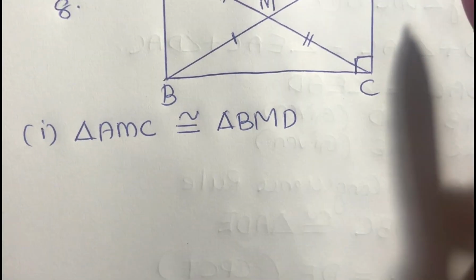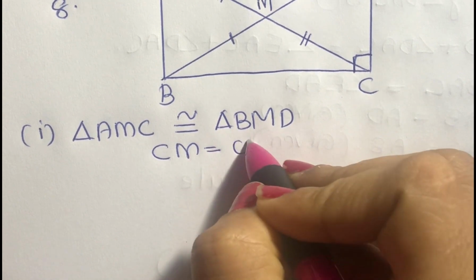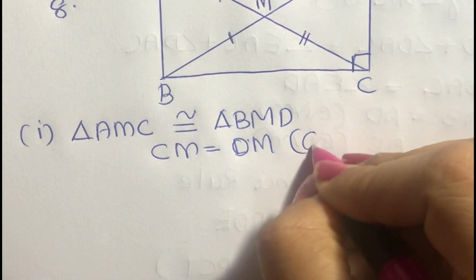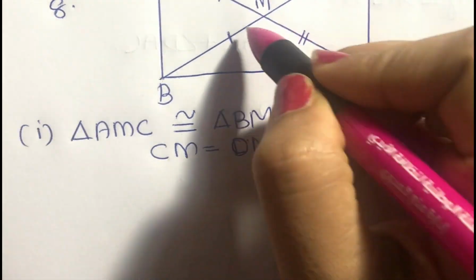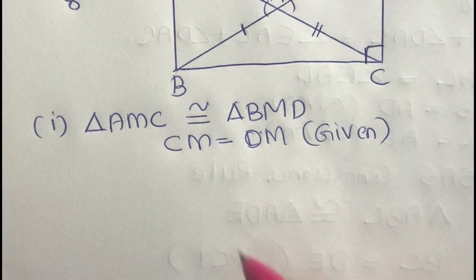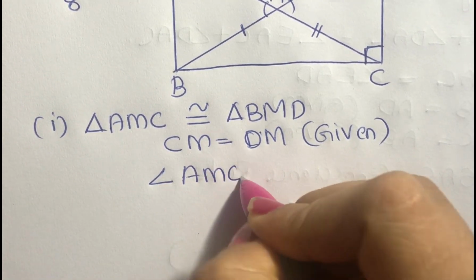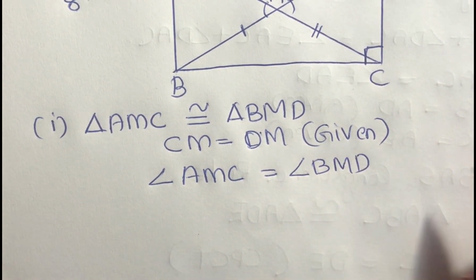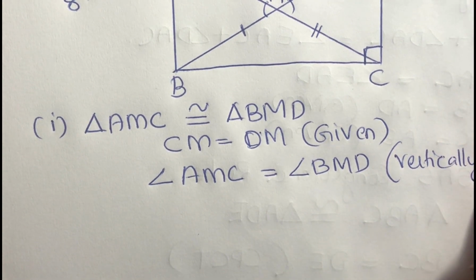So here we know CM equal to DM, that is given. Also we know that these two angles are equal by vertically opposite angles. So angle AMC is equal to angle BMD, vertically opposite angles.